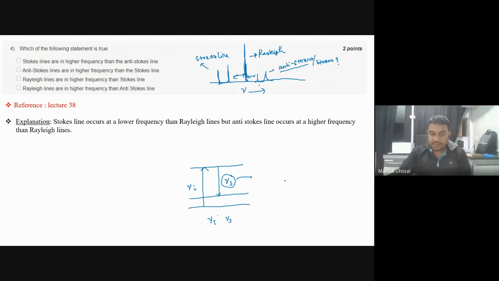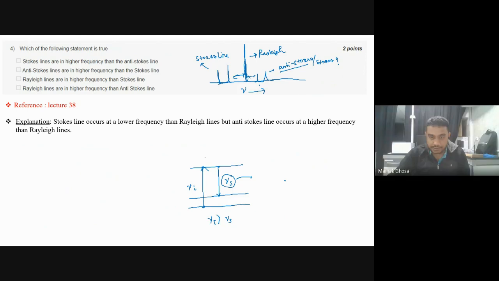Which one is higher, nu I or nu s? Don't confuse. Nu I is this to this, and nu s is this to this. You can see which one is lower, right?